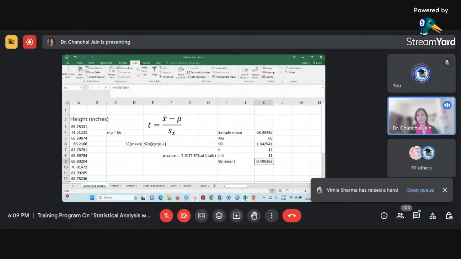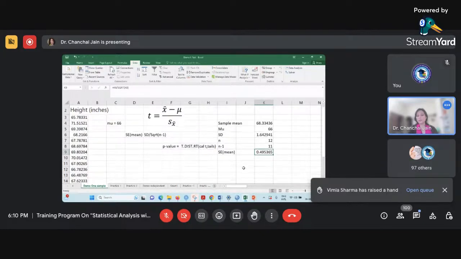I hope it is clear to all. The formula I have already written; you can see it from here and apply it to get the standard error of mean. May I proceed to find the value of t, that is t calculated. So you can put the equal sign. After putting the equal sign, it gives us x bar minus mu.